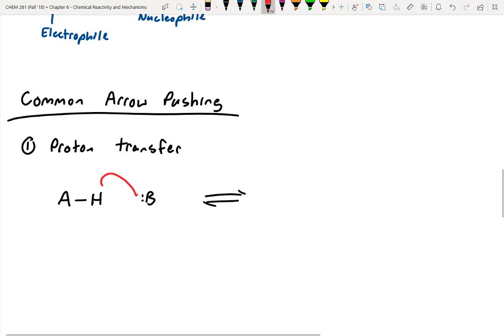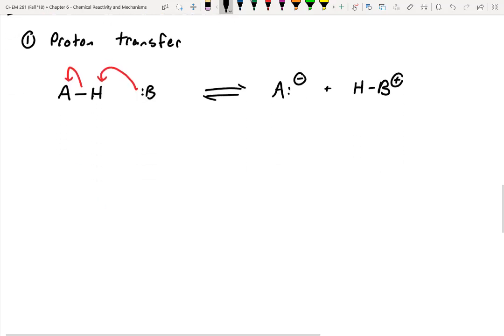But we said that our base can essentially be thought of as a nucleophile. We can grab that proton, take the covalent bonds between the acid A and the proton being given up and dump that onto A. And then we get our conjugate base and our conjugate acid. So that one we've seen a fair amount of, but it's not the only one. Let's take a look at another one.